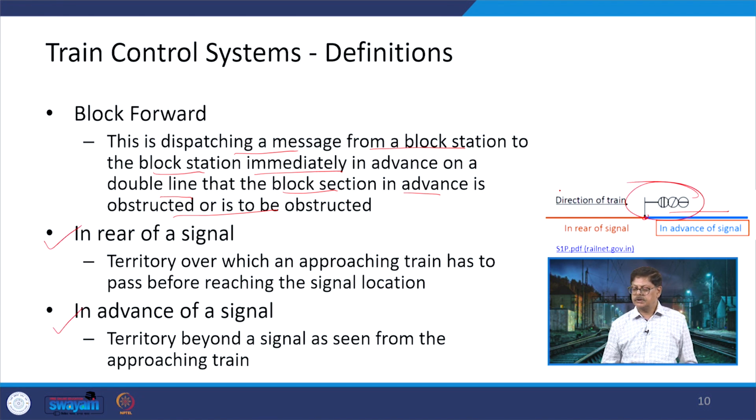With respect to the position of a signal, the section which is ahead of it or the section which is at the back of it is what is being talked about. So, here the territory over which an approaching train has to pass before reaching the signal location is in the rear, and the territory beyond a signal as seen from the approaching train is the advance of a signal.